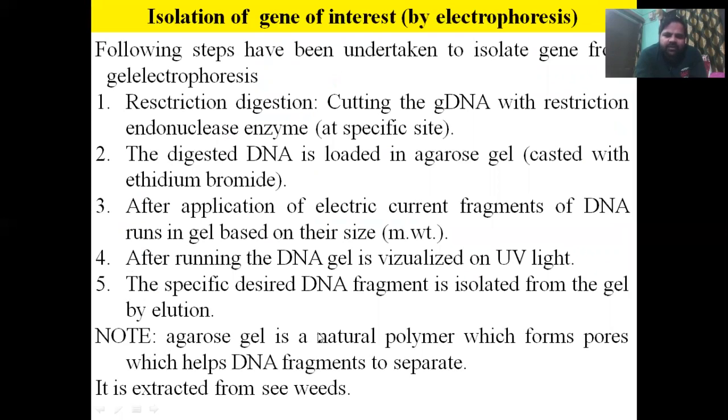The agarose gel is a natural polymer which forms pores, meaning it forms a mesh-like structure. Several pores would be there, and that will help the DNA to separate on the basis of their size, and we extract the desired fragment on the basis of their size.